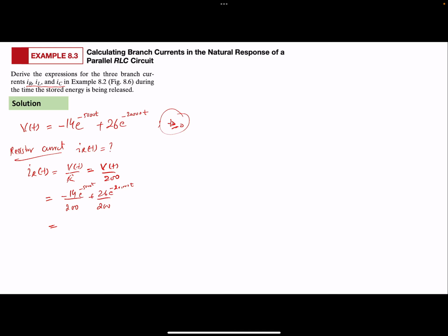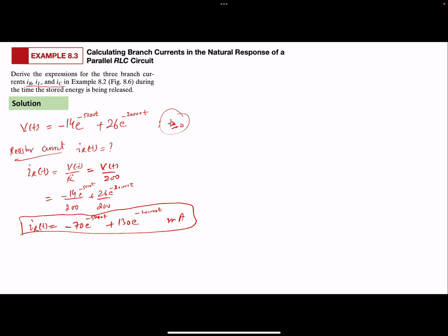In milliamperes, this comes out to be minus 70 e raised to power minus 5000t plus 130 e raised to power minus 20,000t milliamperes. So this is the value of the resistor current.